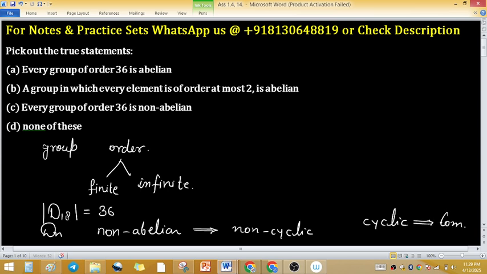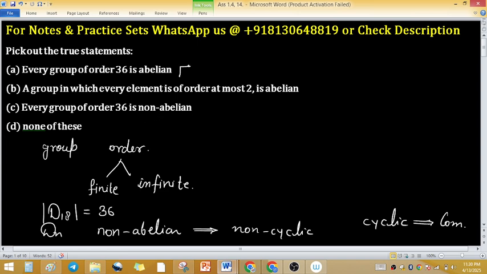By negation of the statement, a non-commutative group implies non-cyclic. So option A is wrong, meaning it is a false statement.